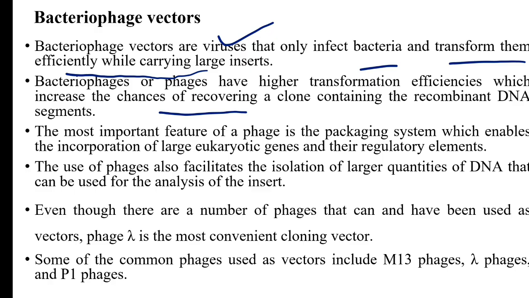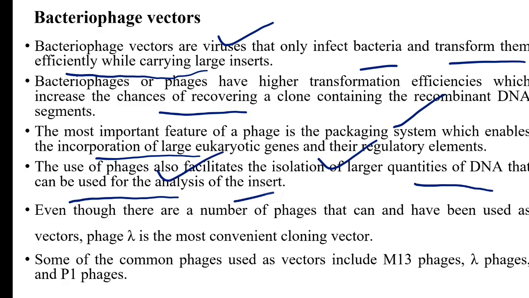The most important feature of phage is the packaging system, which enables the incorporation of large eukaryotic genes and their regulatory elements. The use of bacteriophage also facilitates the isolation of large quantities of DNA, which can be used for analysis of the insert. So the most common bacteriophage vectors are M13 phage, lambda phage and P1 phage.